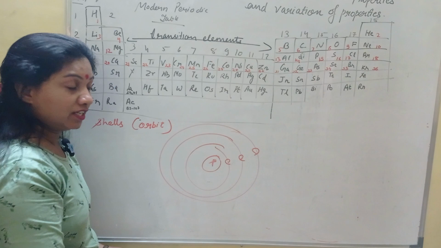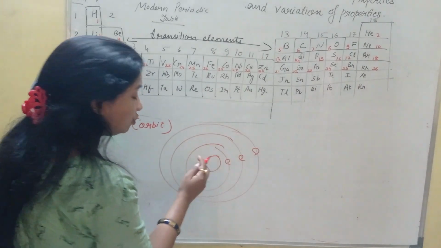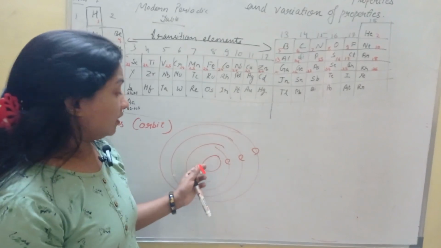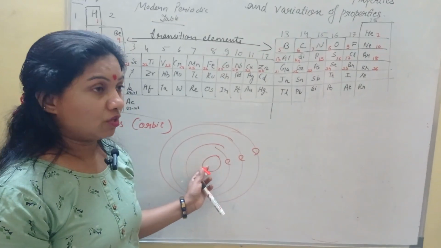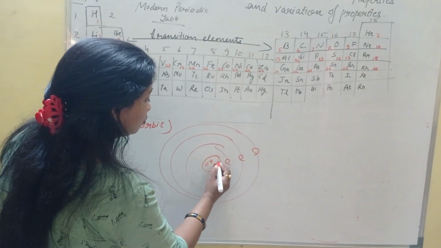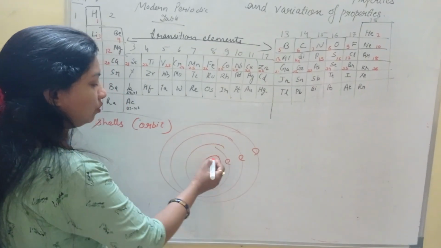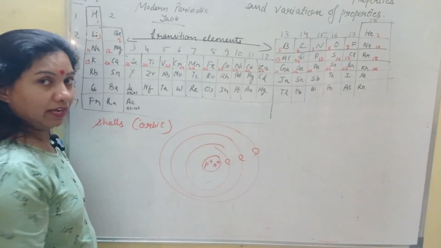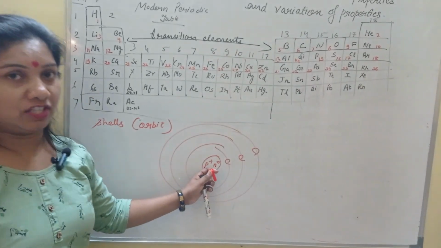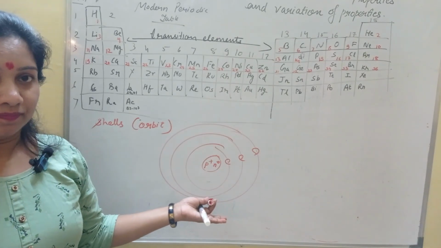Because inside the nucleus, protons and neutrons both are present, but since neutron is a neutral species, it does not have any charge. Proton is positive, neutron is neutral, no charge at all. So the overall effect will be of positive charge. That is why we say that the nucleus is positive.